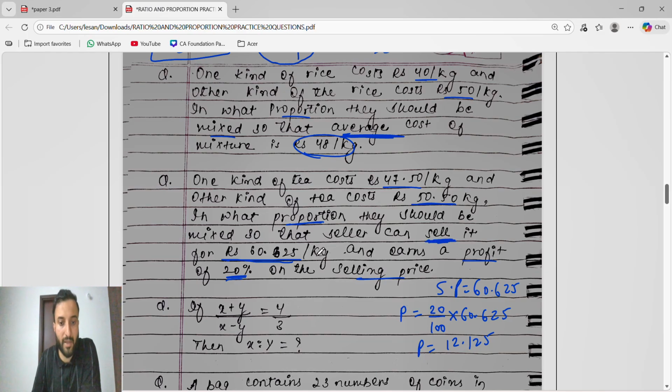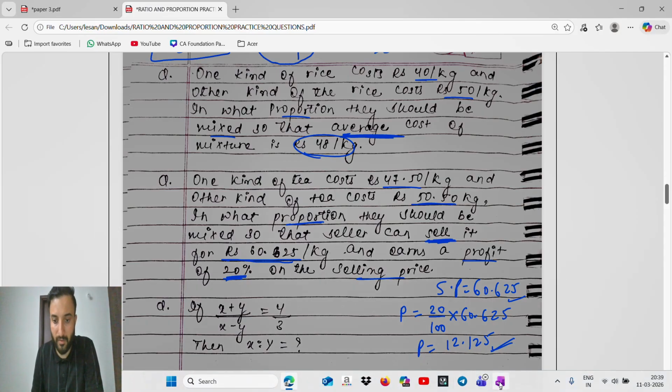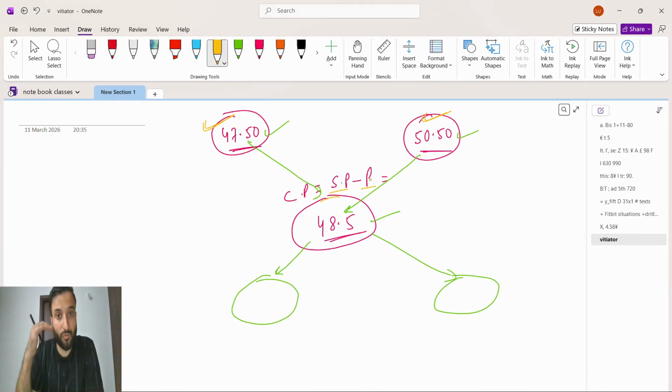Sell means selling price is given and profit is given. 20% on selling price means 20 by 100 into selling price. So we'll get the profit. Second type is, for average cost price, they will give the selling price and profit. So we have to find the selling price separately, the profit separately, then the cost price formula is what?